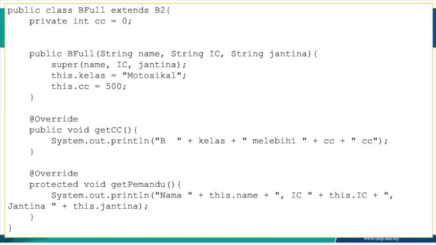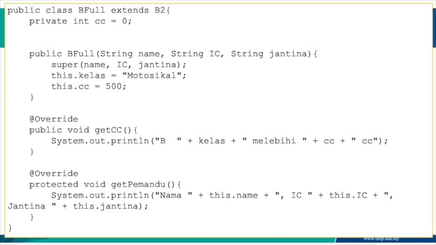So that means in this relationship, B2 has two children, which are previously B1, and then this one is B4, also a child of B2. So in this hierarchy, there will be the parent Pemandu, and then below it B2, and then below B2 is B1 on the left side, and B4 on the right side.